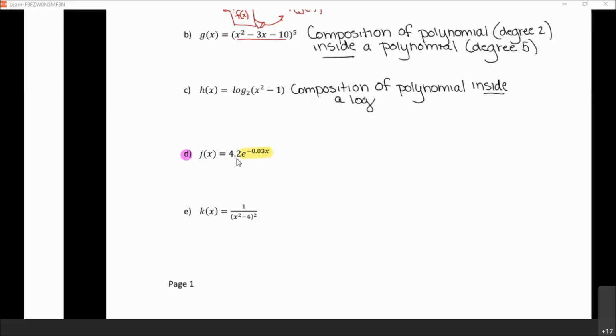Is that a separate function? Okay, Ryan's saying no, it's a leading coefficient. So it's part of the exponential? Is it part of the exponential? What do you think?